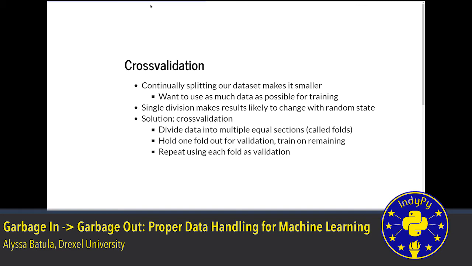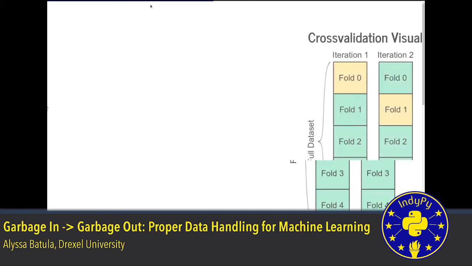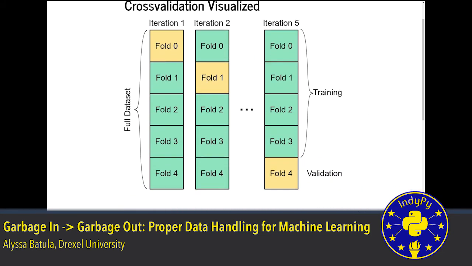So the way cross-validation works is it's going to divide your data into many equal sections. And this is best illustrated here. Here, your entire data set is divided into 5 chunks or folds. For each fold, the yellow one is what you're using as your validation data, and all of the green folds put together are your training data.